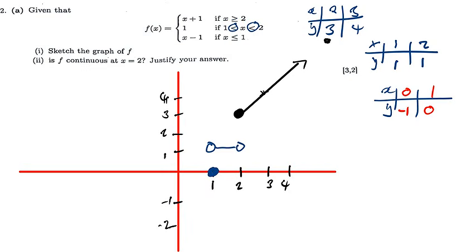What else? (0, -1) is here. So the graph is starting from here, cutting, going this side. We don't know where it's ending. The graph that I've given you is the graph of this one which we have, and this is 3 marks we have gotten.